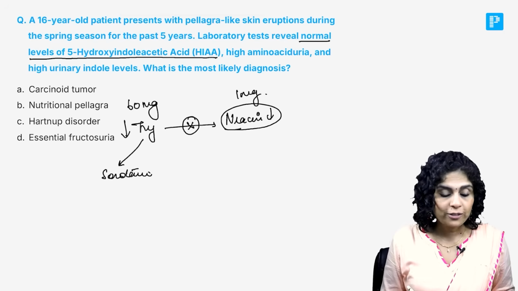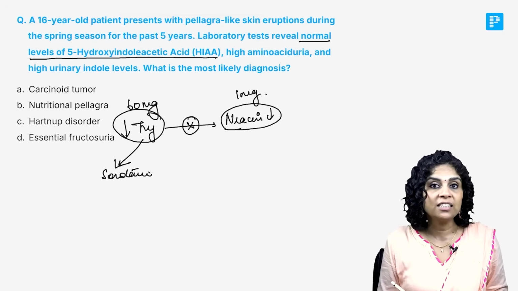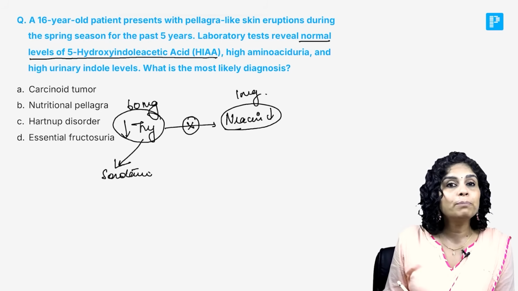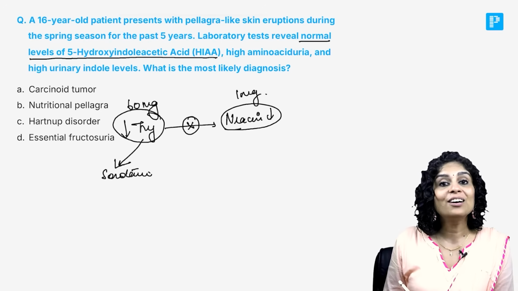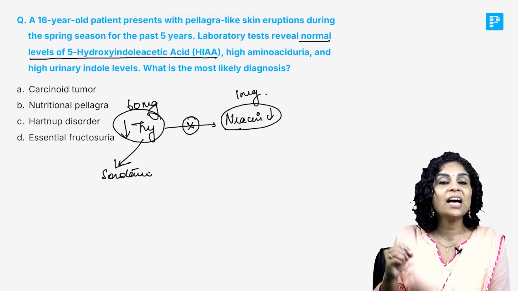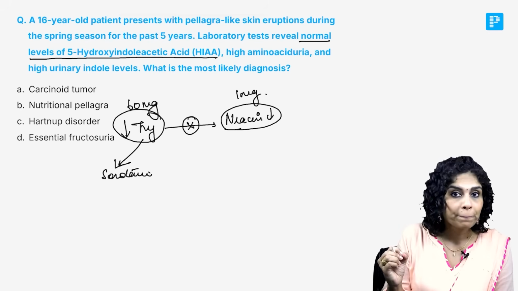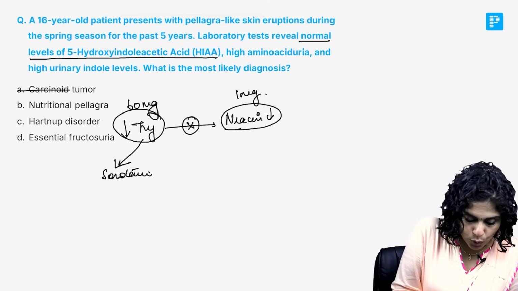So, in carcinoid syndrome, whatever tryptophan is available is used for serotonin synthesis. So, tryptophan is not available for niacin synthesis. So, one of the causes of pellagra is carcinoid syndrome. But if it was carcinoid syndrome, 5-HIAA levels should have been high. Because that level is normal, which condition is excluded?